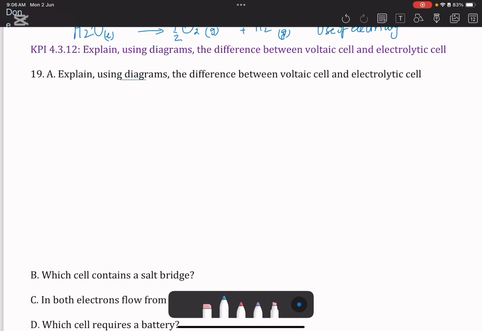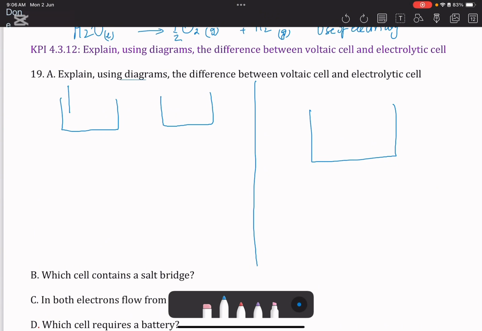Explain using a diagram the difference between a voltaic cell and an electrolytic cell. I'm going to draw a galvanic cell and a voltaic cell. In both of them I have electrodes.